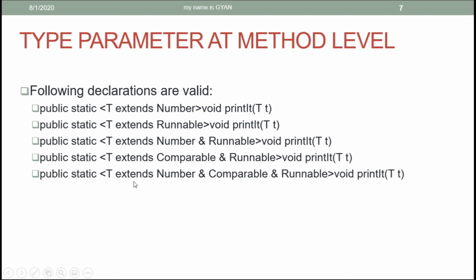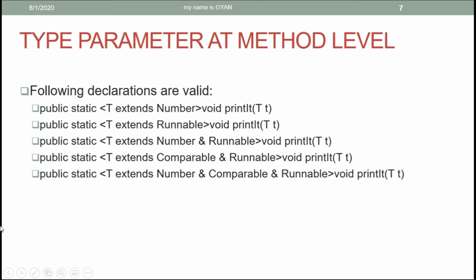So you can extend T with just one class, but more than one interface. And when you are extending T by using a class name, that class name should always appear before all the interface names. That means the class name should be the first name after the extends keyword. You cannot use two class names after the extends keyword.